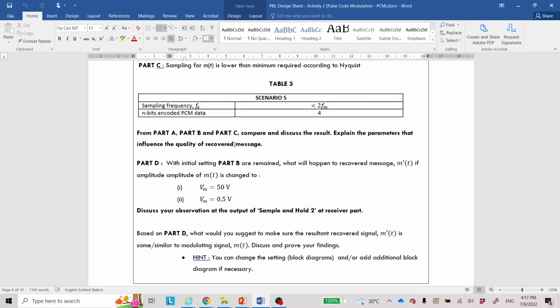And then part D. With the initial setting from part B remained, what will happen to the recovered message M prime T if the amplitude of the input message is changed to 50 volt and also 0.5 volt?